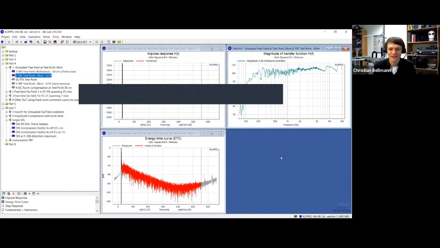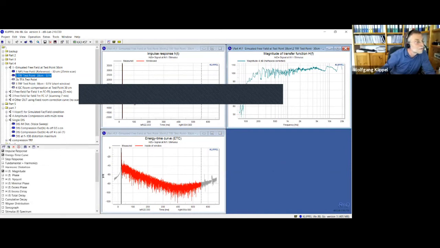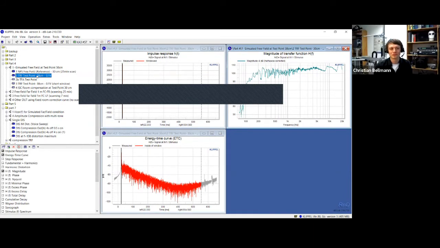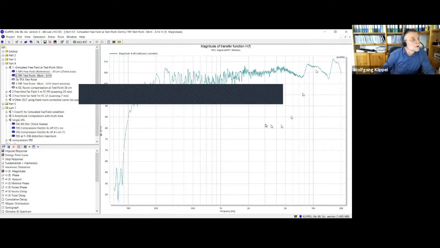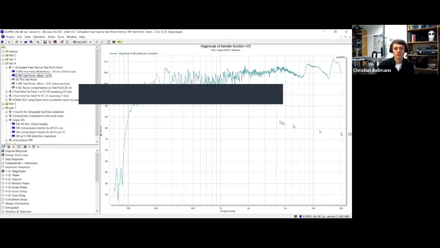So maybe Wolfgang, can you just open the magnitude response window that shows the transfer function of this speaker? You have it open, just maximize it. The magnitude? Yeah, the magnitude. It's already there. Just maximize it. So this is now the response of the speaker at that position.